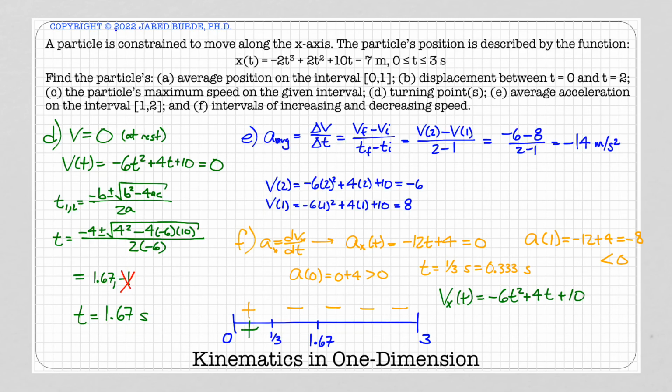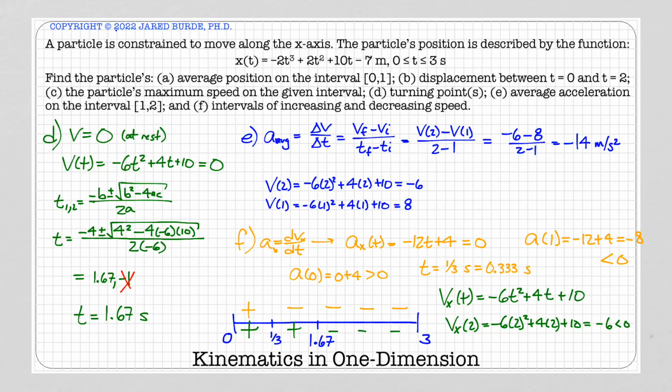If I plug in t equals 1, I get -6 plus 4 plus 10, which is 8, which is still positive, so I still have positive velocity there. And then if I pick a value past here, for example t equals 2, I get a value that's less than 0. And if I picked any other value over here, I should get the same behavior.